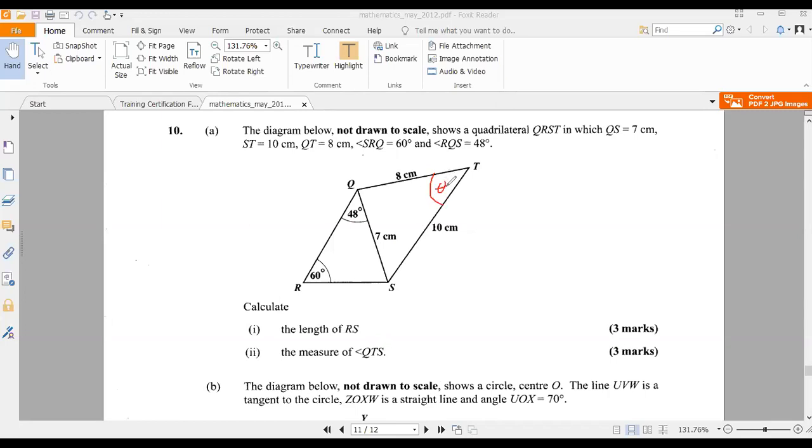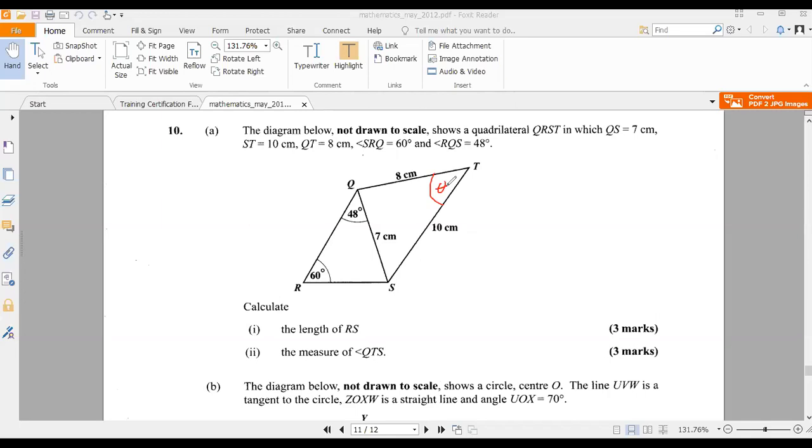So the big question is this: I'll be given a triangle with all three sides, and I want to find the angle T. Which formula allows me to find the angle in a non-right angle triangle when I'm given all three sides? The cosine rule, right?